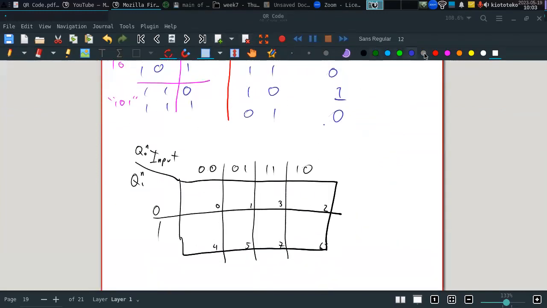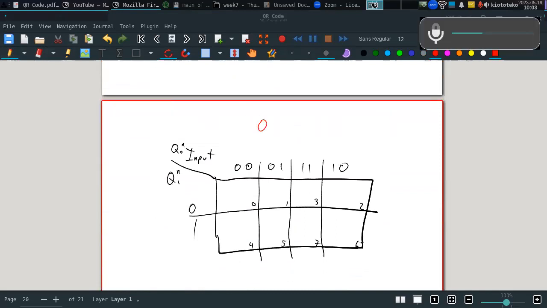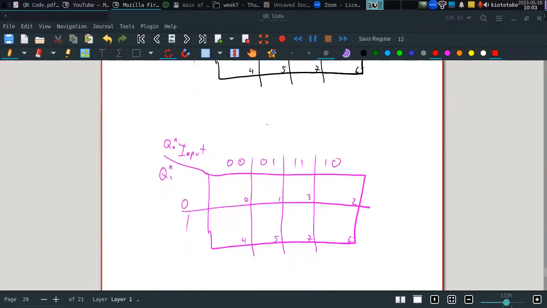Okay, so this table will be for the Q1 n plus 1, the next state of the first bit of our state. This will be for the second bit, the least significant bit of our next state. And this should be for our output.